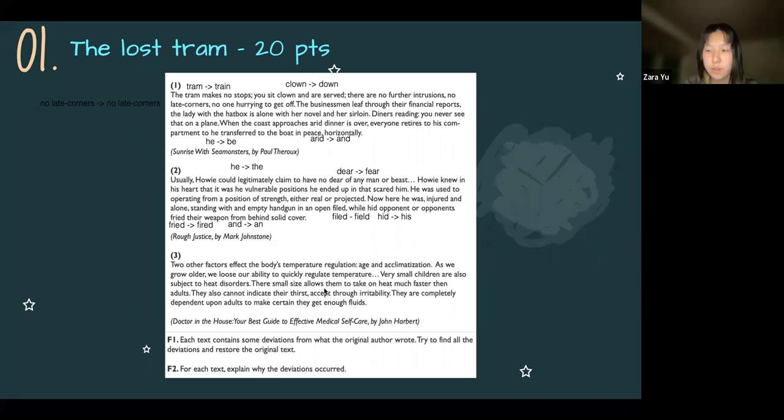Then for the last one, we have "two other factors affect". So you would write it like this. Then instead of "loose", it's "lose". The next one is instead of "there" "here", it would be a different "there".